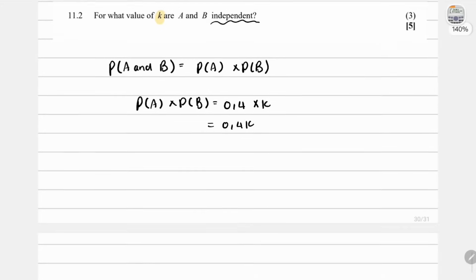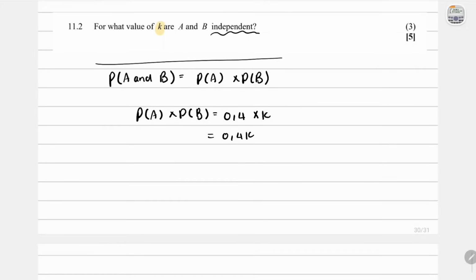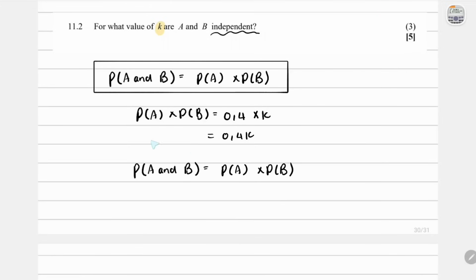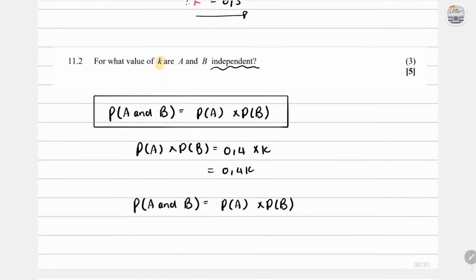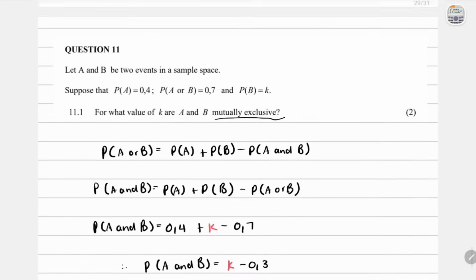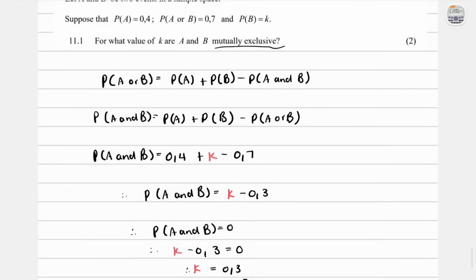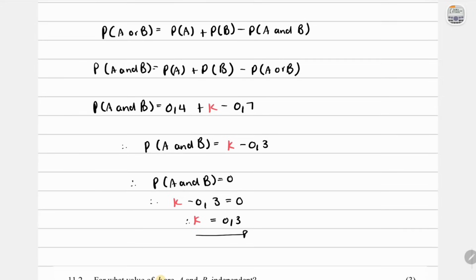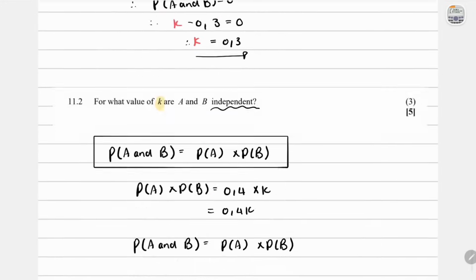Now for this to be independent, we need to ensure this case. So we're going to write this here and then substitute. What was that intersection, the probability of A and B? We already found that by using the OR rule, the probability of A or B, and then we found that the probability of A and B is K minus 0.3.